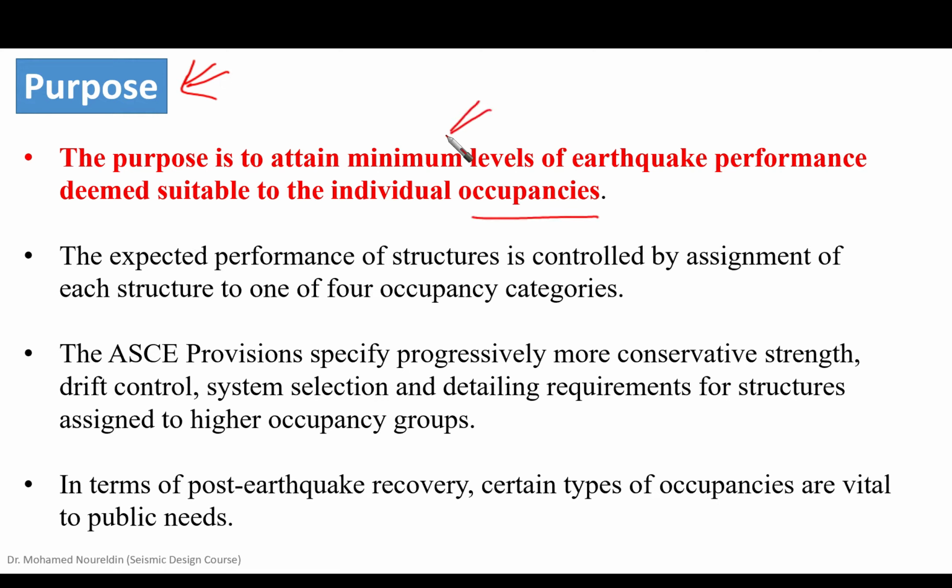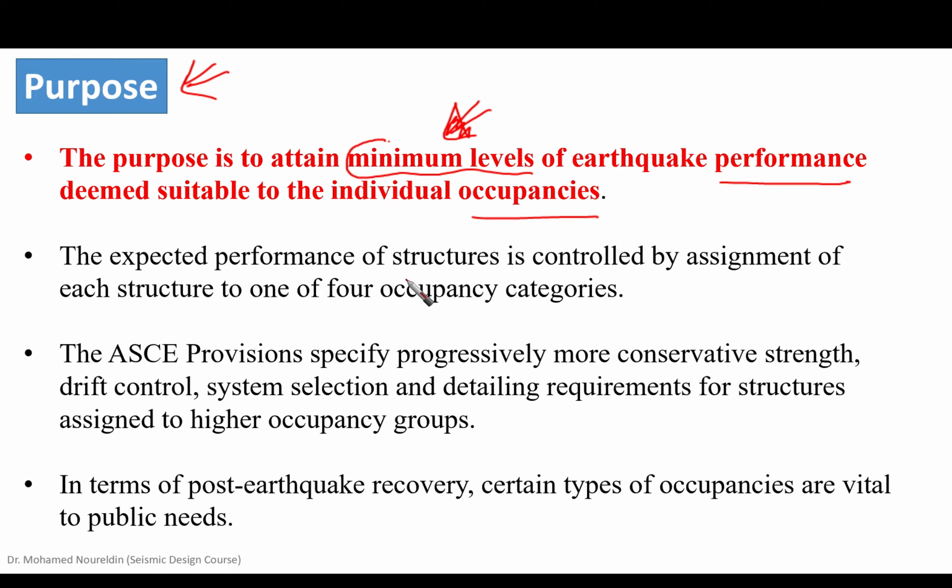This is an important goal for the seismic design codes and guidelines, that we want to attain or at least maintain a minimum level of seismic performance of the structure. This is why we need to categorize the structure based on the risk in the first place, and why we call it risk category.